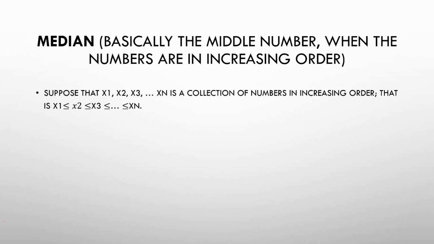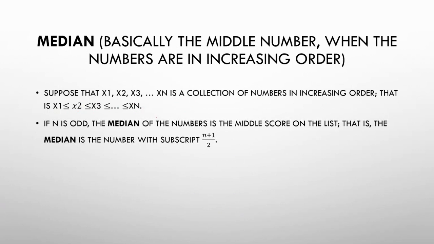So suppose x1, x2, x3, up to xn is a collection of numbers in increasing order. In other words, x1 is smallest, and then x2, and then x3, all the way up to xn. If n is odd, for example if you have 5 numbers, the median is the middle score on the list.